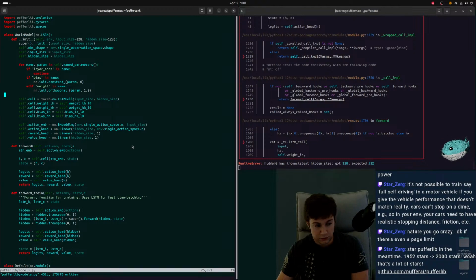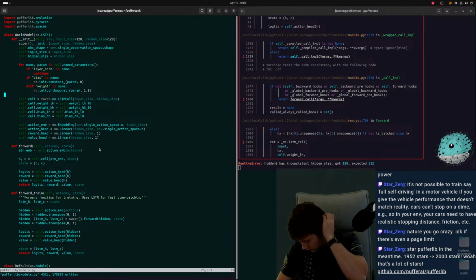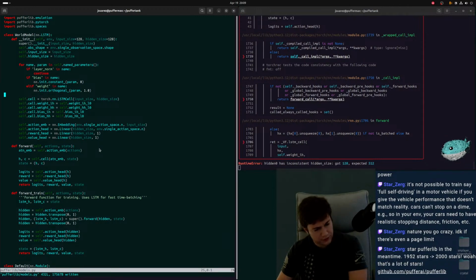I guess we just project the state embedding, maybe? Just project the state. It's only the cell state that we need to project, right?